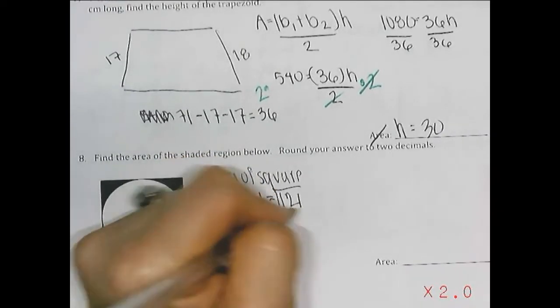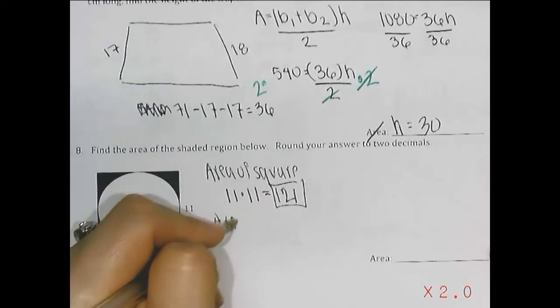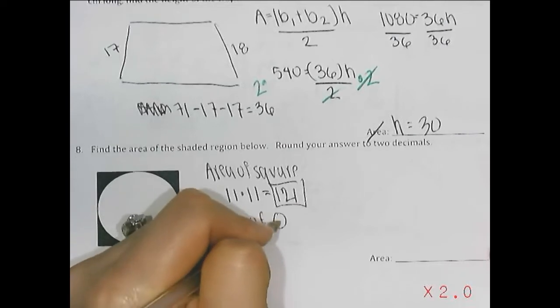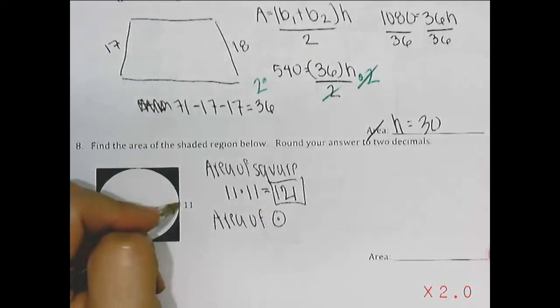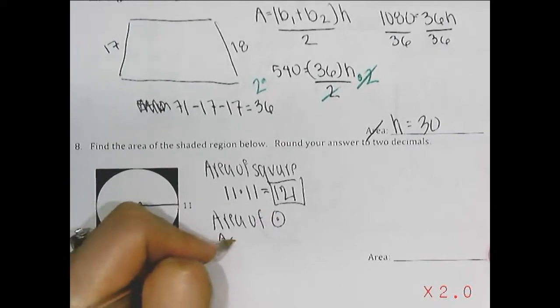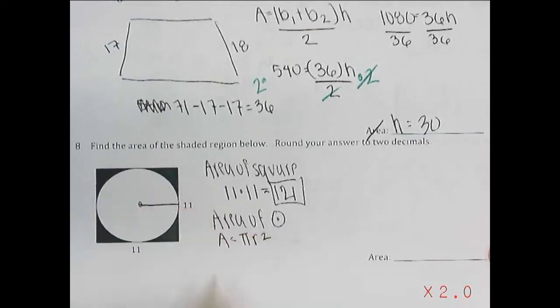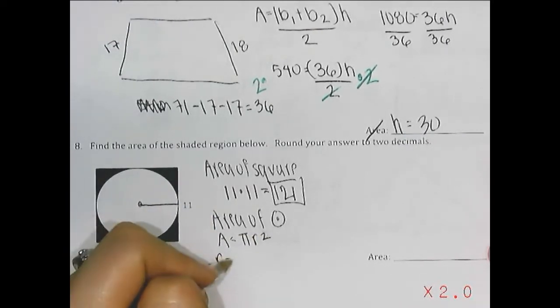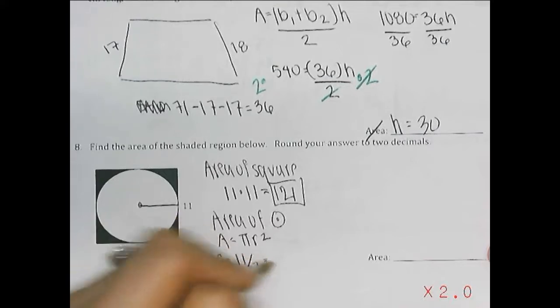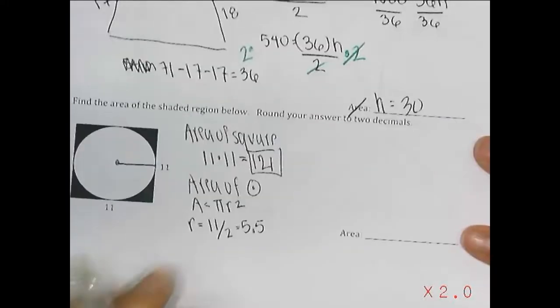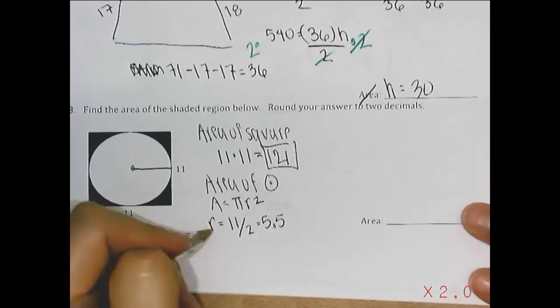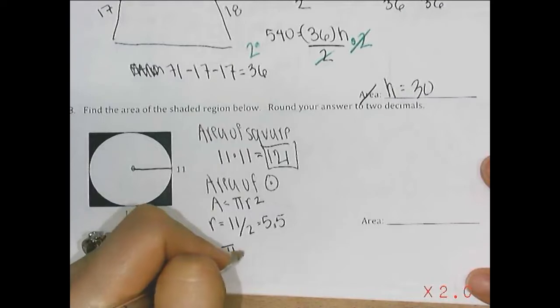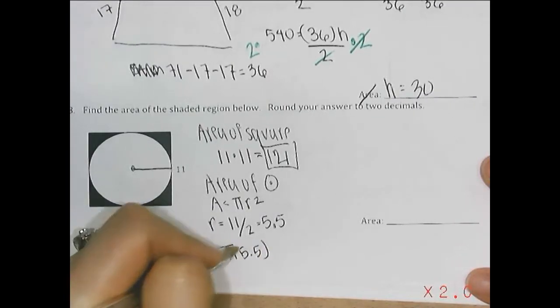Now I'm going to find the area of the circle. So I know the area equals pi times my radius squared. Well, my radius is half of 11. R equals 11 divided by 2, which is 5.5. So I'm going to do pi times 5.5 squared.